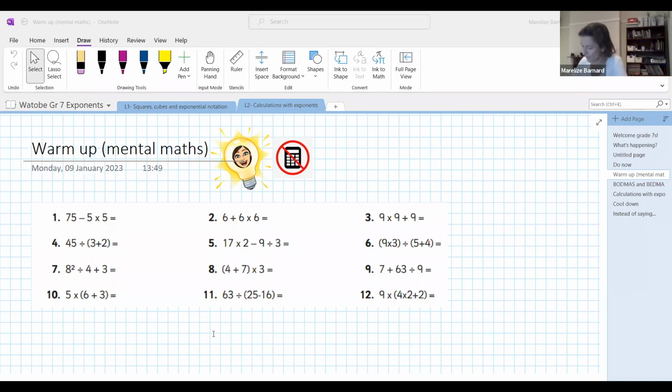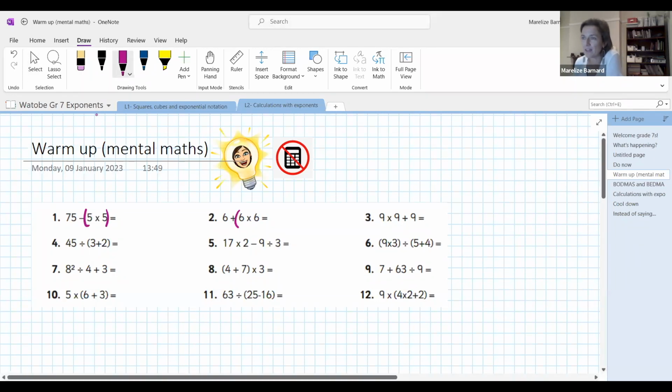Okay, you can stop. How did that go? Did anyone finish? Awesome. Okay, so this was a bit of a reminder of BODMAS now. So there's a few places maybe you wanted to put brackets. Maybe you are good at this already and you don't need brackets or whatever, but you definitely needed some.